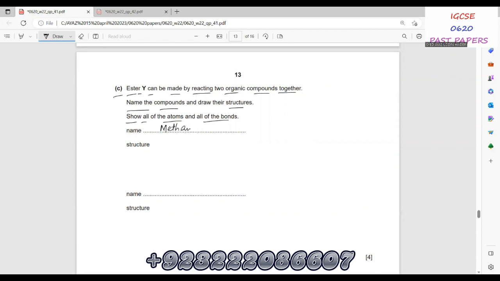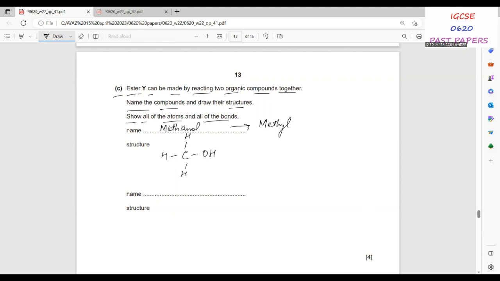Methanol gives methyl. And the structure of methanol will be, meth means 1 carbon. And it's an alcohol, so you will place OH and hydrogen atoms. Alternatively, you can draw in this way also, showing each bond.